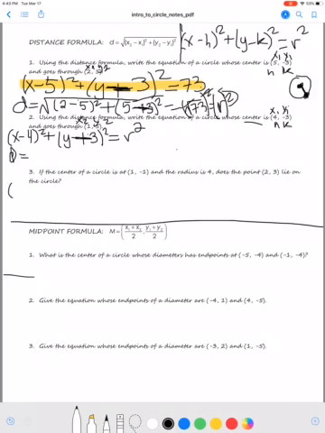Distance equals square root x2 minus x1, well, that's 1 minus 4, parentheses squared plus y2 minus y1, so 5 minus negative 3 squared. And evaluate that in your calculator.